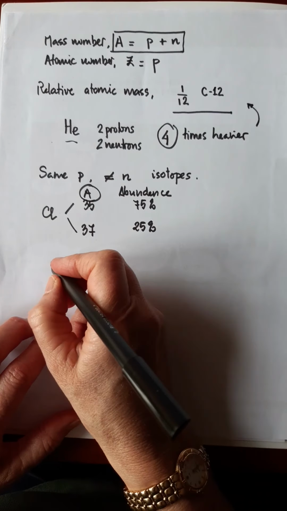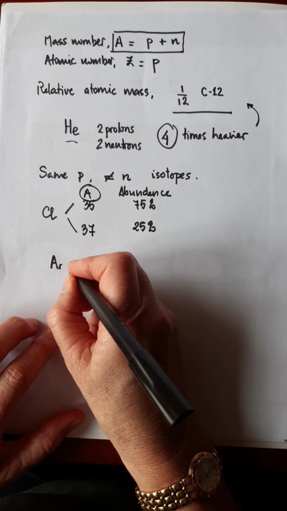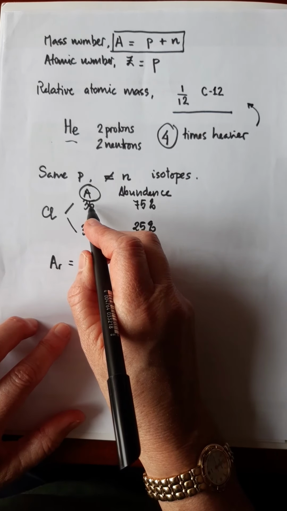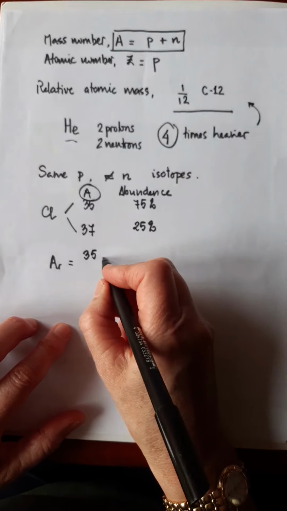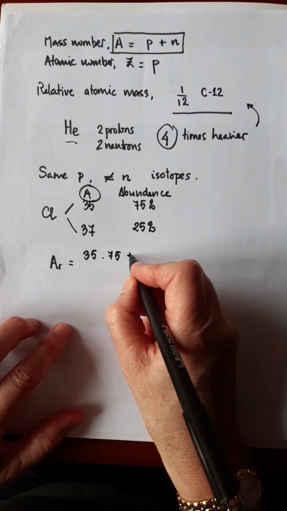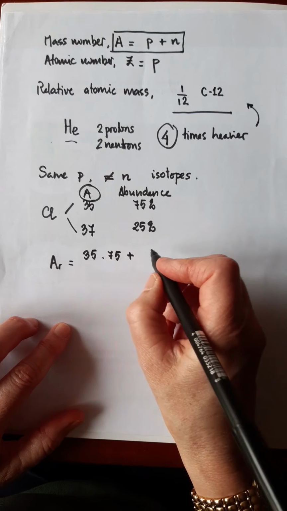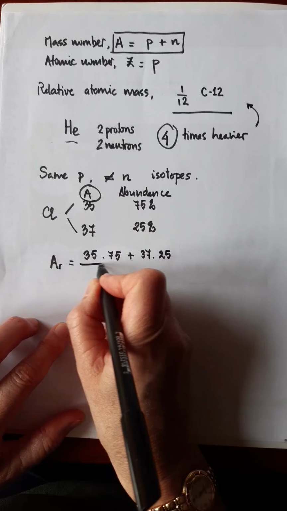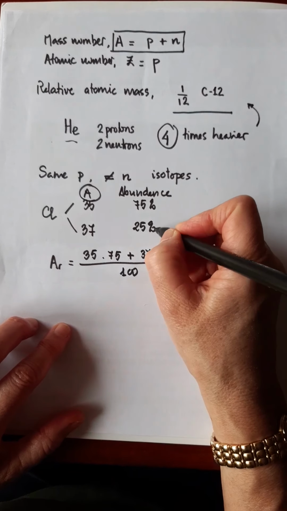So to calculate the relative atomic mass of chlorine, we multiply the mass number times its abundance plus the mass number of the other isotope times its abundance, divided by 100, because this is a percentage.